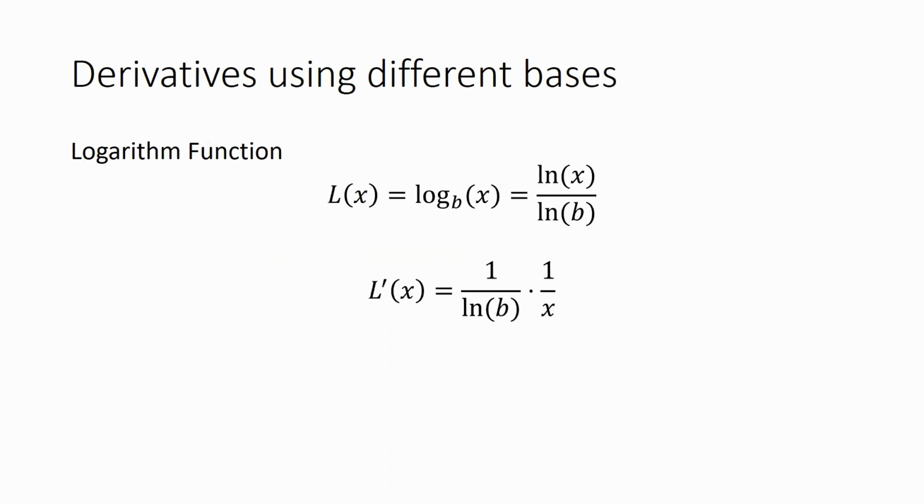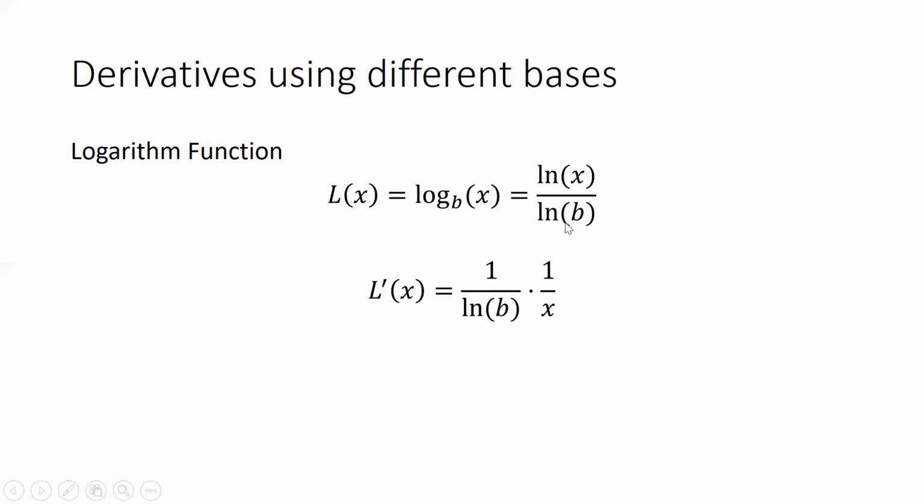Now for logarithms with base b, if I want to take the derivative of that, what I can utilize is a rule of logarithms. This is what I call the change of base formula. If I want to take a logarithm base b of x, then I can take a log of any base, we'll use the natural log, of x divided by log of any base.